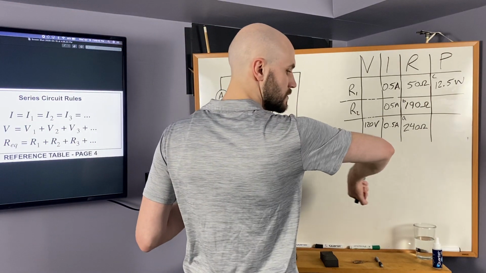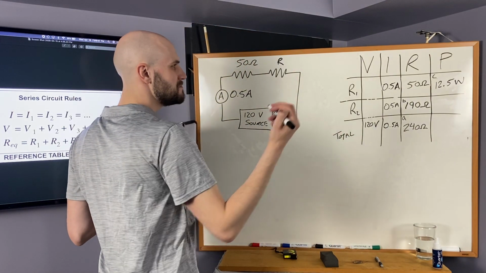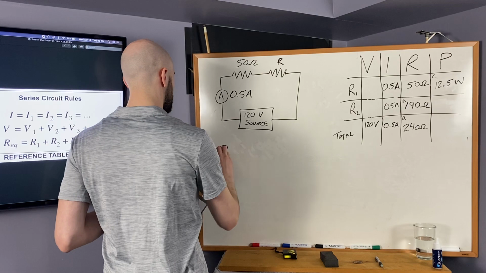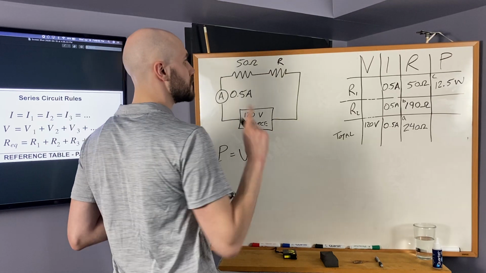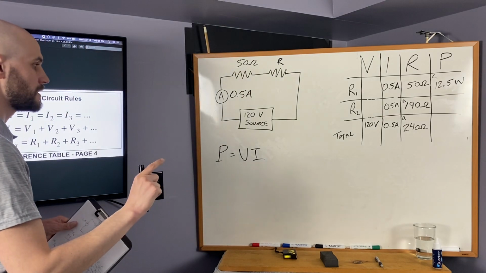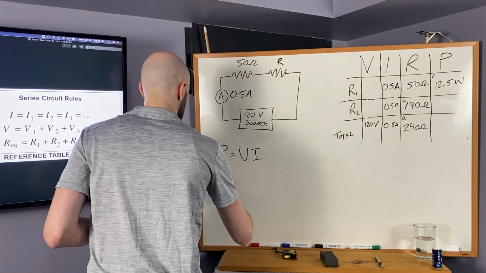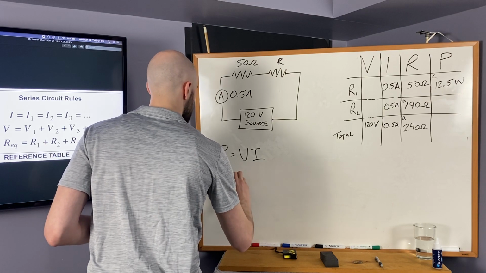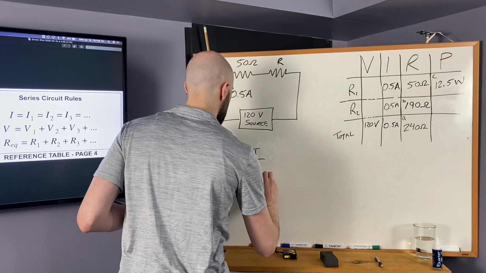Let's use power. Why not? Power is equal to V times I for resistor 1. The goal is to find the voltage. I know P, I know I, we can get to V. 12.5 watts is equal to V times the current, which is half an amp.